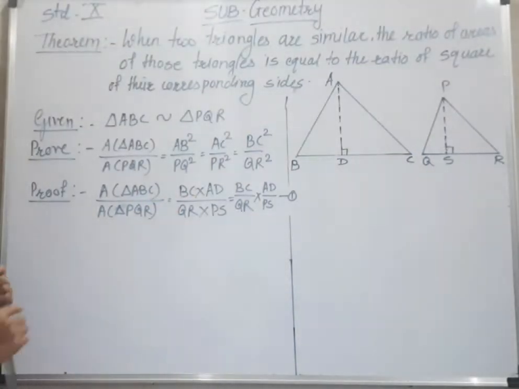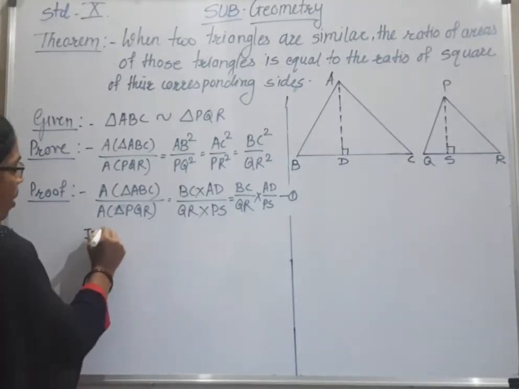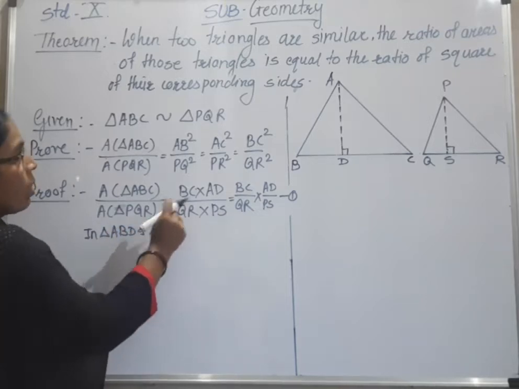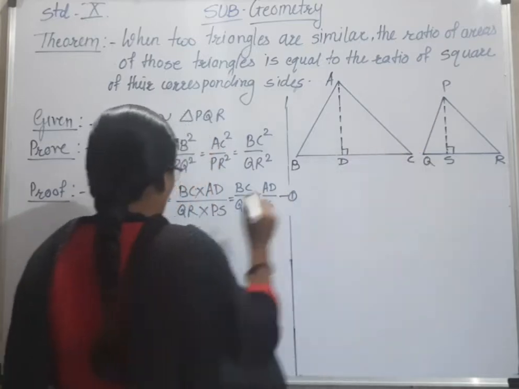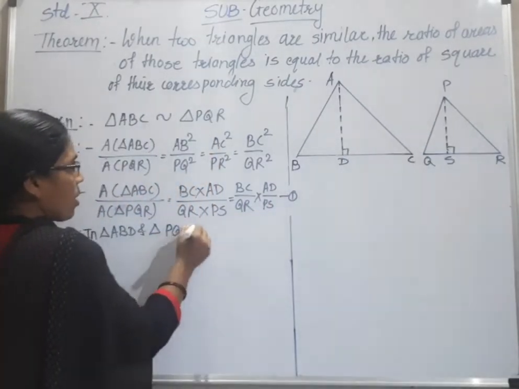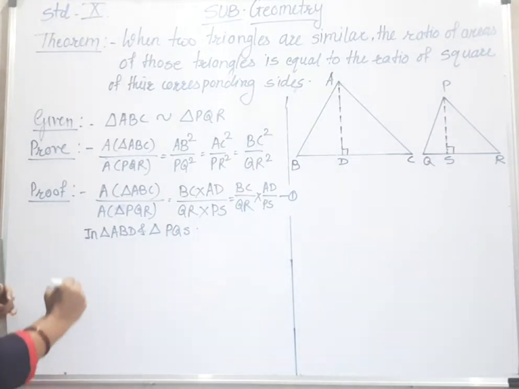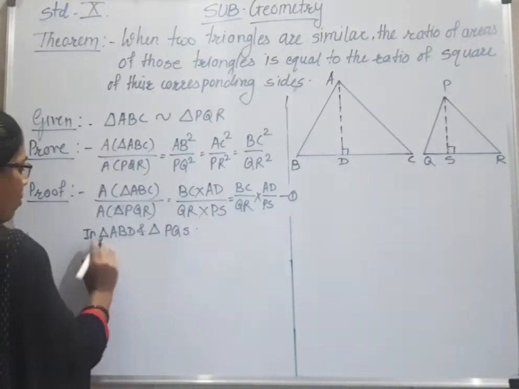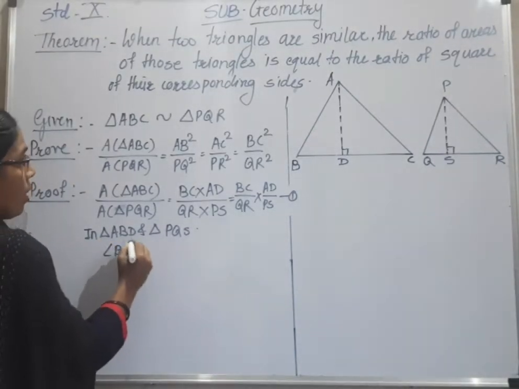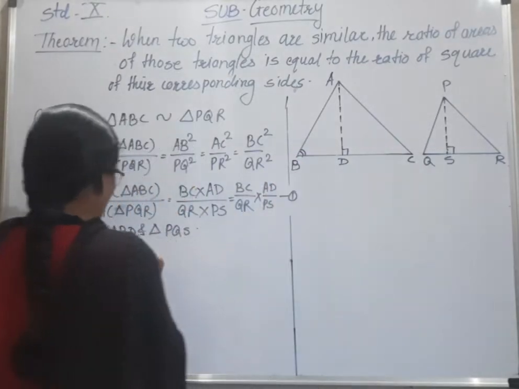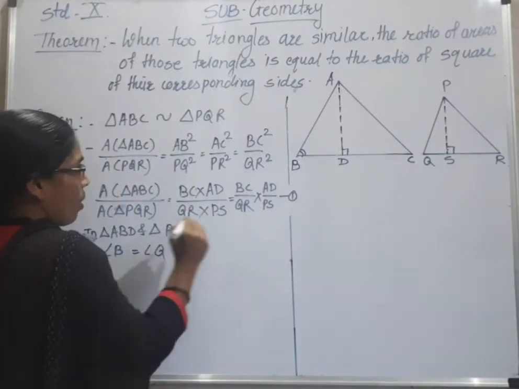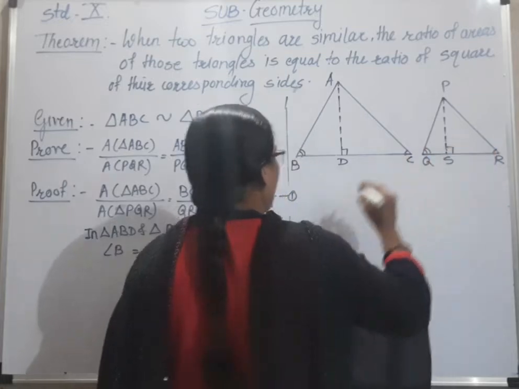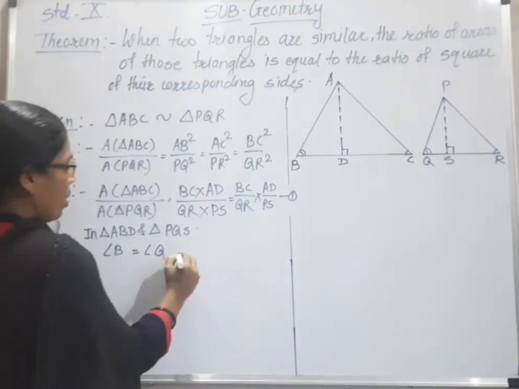Now in triangle ABD and triangle PQS, angle B is equal to angle Q. This is given. These two angles are equal, it is given.